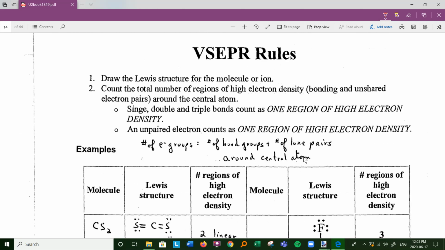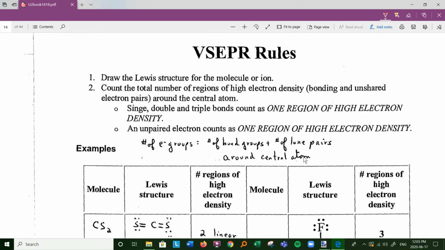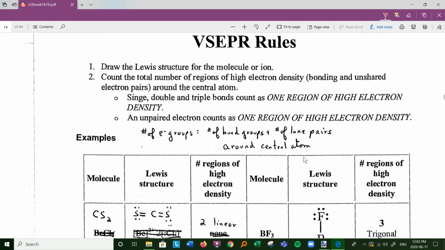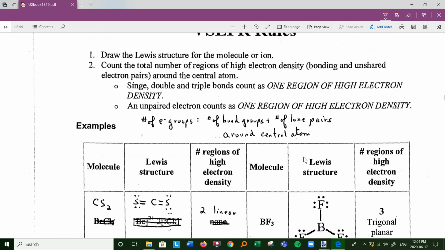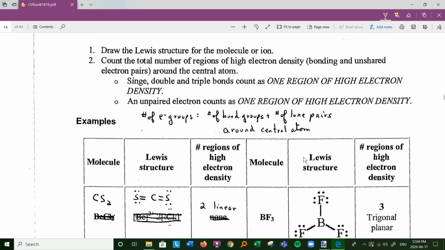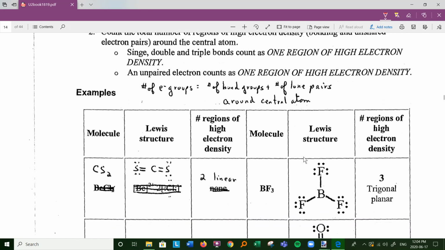So in the VSEPR game, we're going to draw the Lewis structure. You always start with that because then you can count how many electron groups. In these rules, they talk about high electron density. I'm going to talk about electron groups instead. Single, double, and triple bonds count as one region of high electron density, or one electron group.